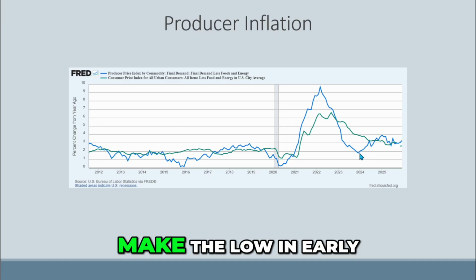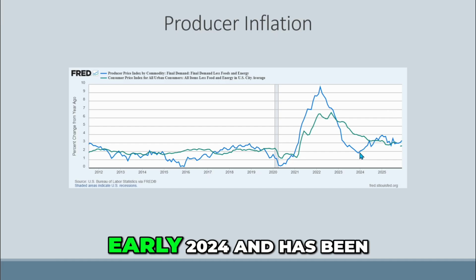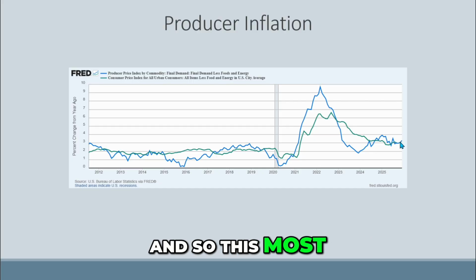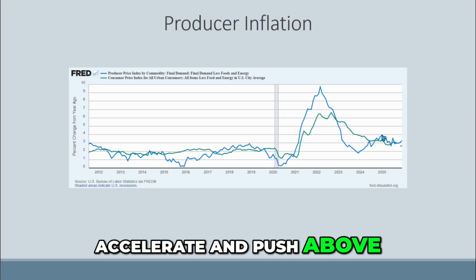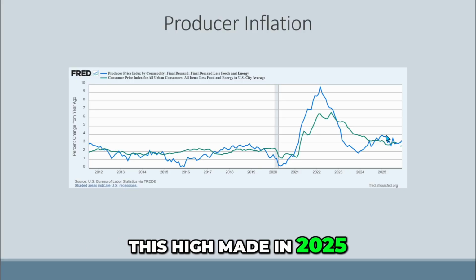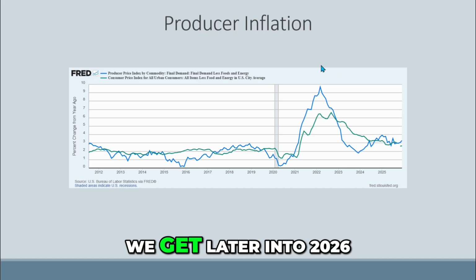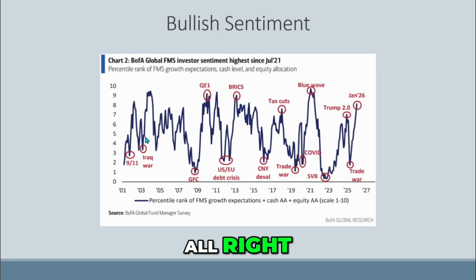And we had the PPI make the low in late 2023, early 2024, and has been grinding higher ever since. And so this most recent tick higher, keep a close eye on this blue line. If we continue to accelerate and push above this high made in 2025, that's a big warning signal for consumer inflation as we get later into 2026.